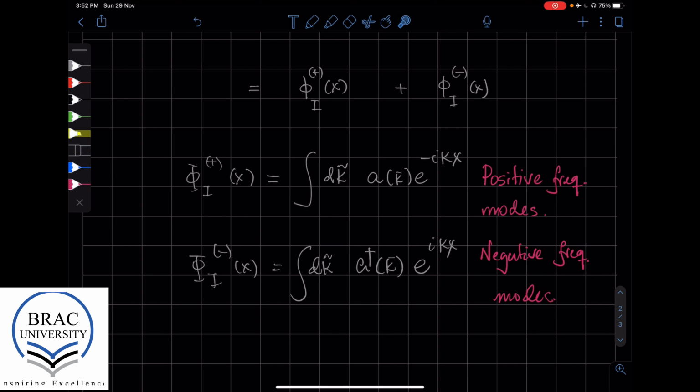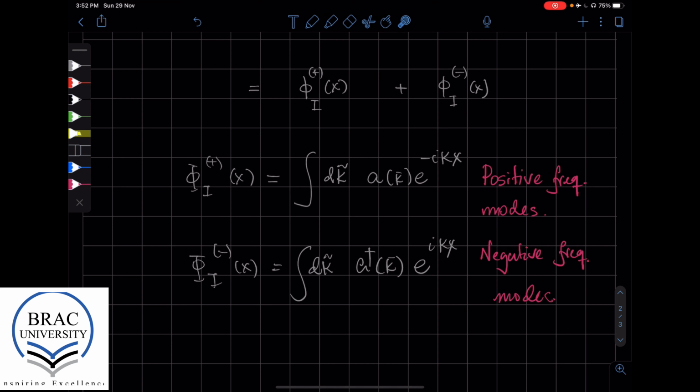And that's where the name positive and negative came from. But since we don't give interpretation to these as particles anymore, they are just creation and annihilation operators. Therefore, they do not have interpretation of having any particular energy. And that's why instead of energy, we now use positive frequency and negative frequency in the names. Anyway, that's just a historical side note.